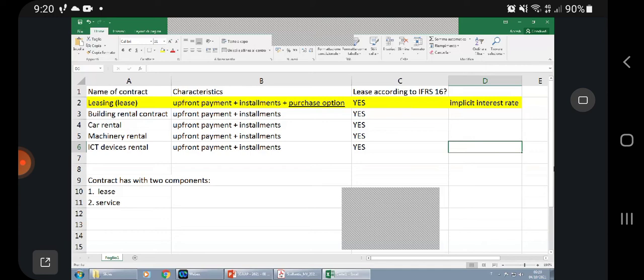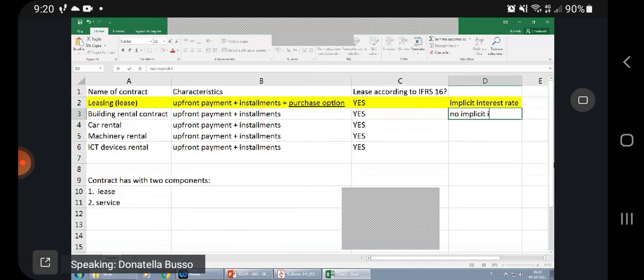So for agreements that are not temporary, the regular term in Italy for building rental is 6 years. Okay? But it is not possible to find an interest rate in the contract, because the owner of the building has a completely different goal. Okay? And the same at the end for all the other contracts.